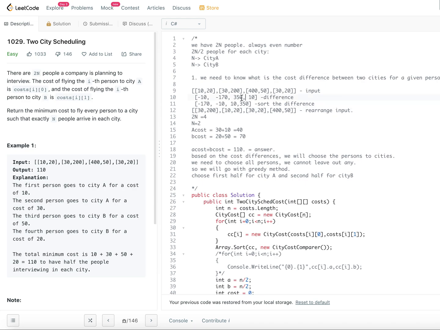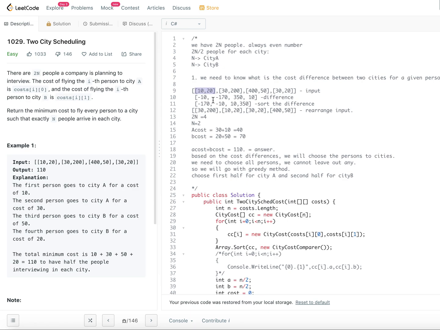We got the difference like this, and if we sort the difference, correlating it back to the original input will be a tedious task. It's not going to be an easy task.